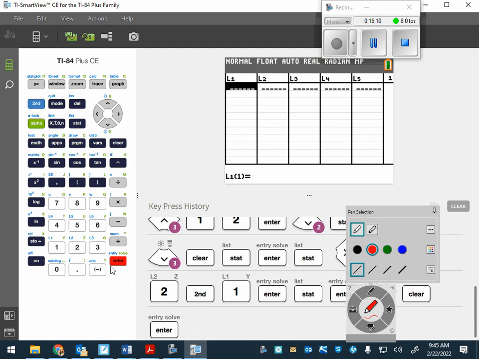Wipes out the whole thing. If you hit delete, L1 would disappear. So anytime you do another problem and enter in the next list, it's going to calculate the first list when you don't even see it. There's a way to get it back, don't worry. But you want to hit clear, not delete. Does that make sense?